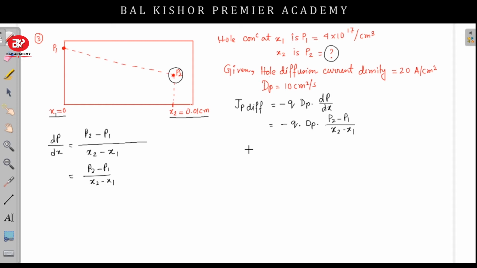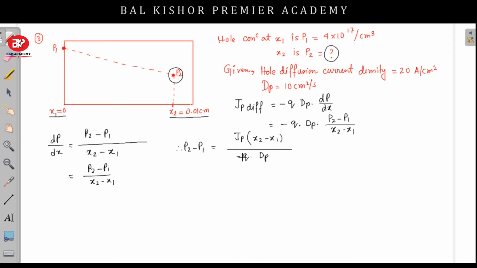Now we have to find the value of p2 minus p1. So if I find the value of p2 minus p1 from the above equation, it will be Jp into x2 minus x1 divided by minus q into Dp.